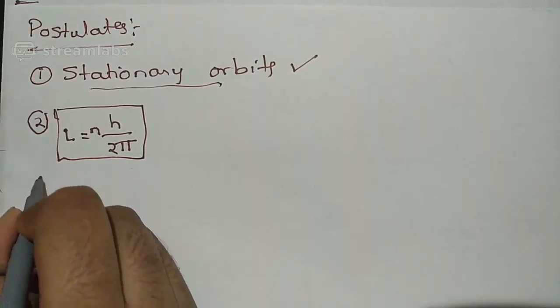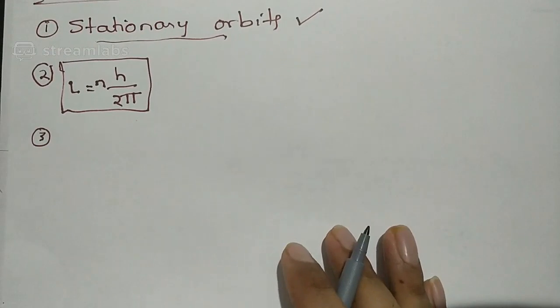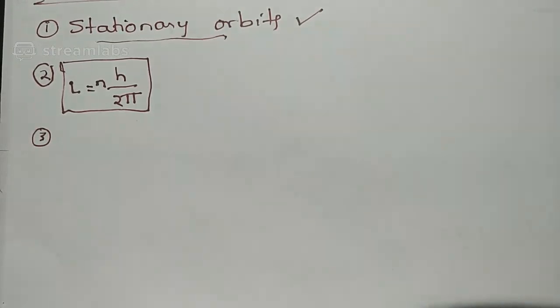Now if you move to the third postulate of Bohr, it says that an electron in a stationary orbit can jump to a higher energy level by absorbing some energy from an external source.